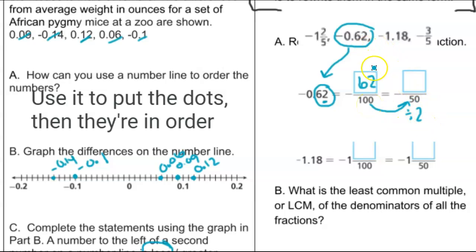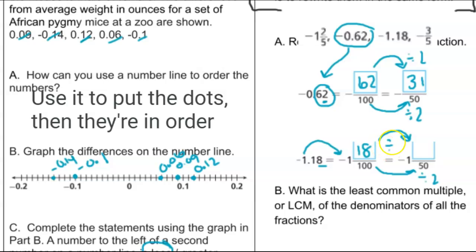Since we divided by 2 on the bottom, we have to divide by 2 on top. 62 divided by 2 is 31. So we get negative 31 over 50. This next one, the whole number, transfers over right there. The 8 is in the hundredths place. That's why we have 100 there. We're going to write our 18 on top. Because this says 50, we need to change this to 50. Remember, we're dividing by 2.